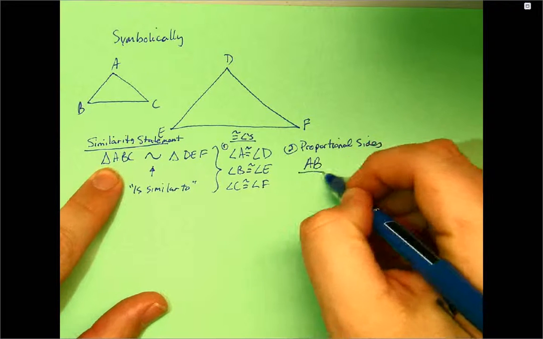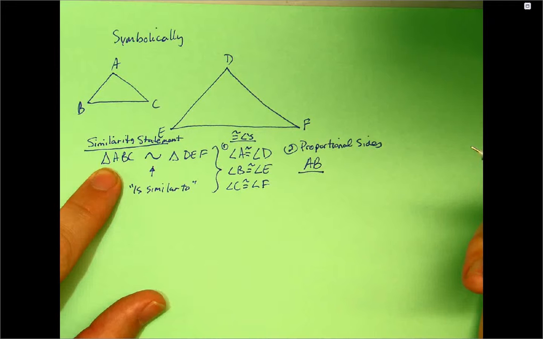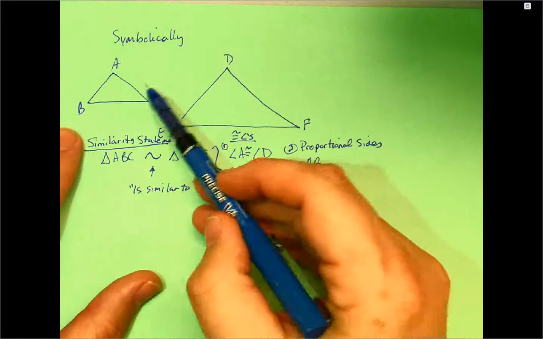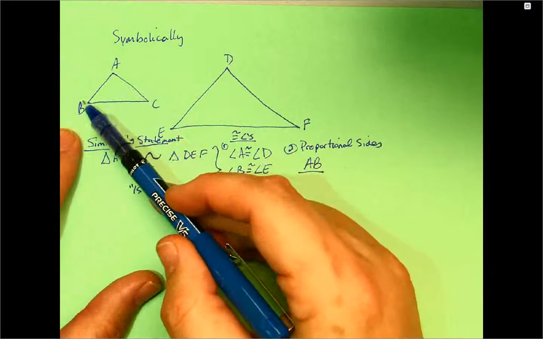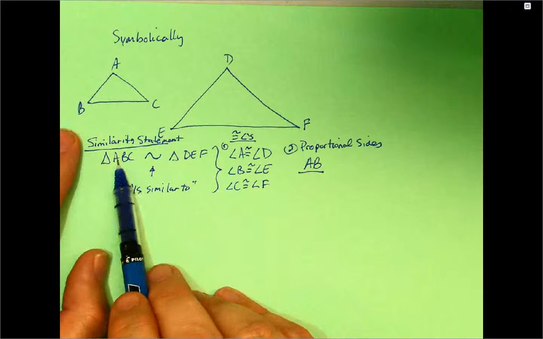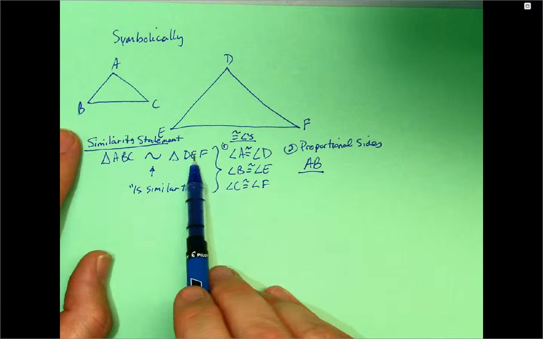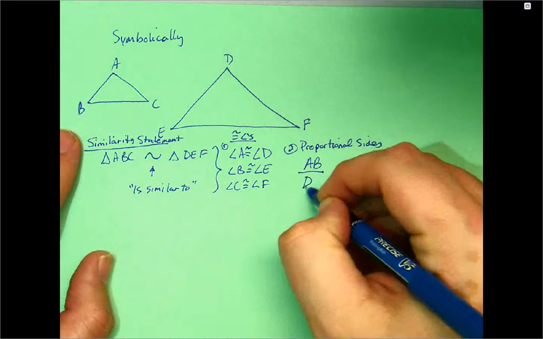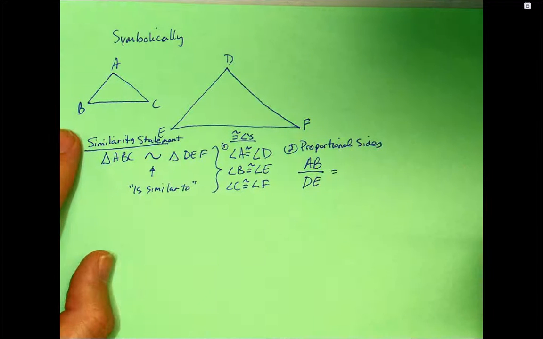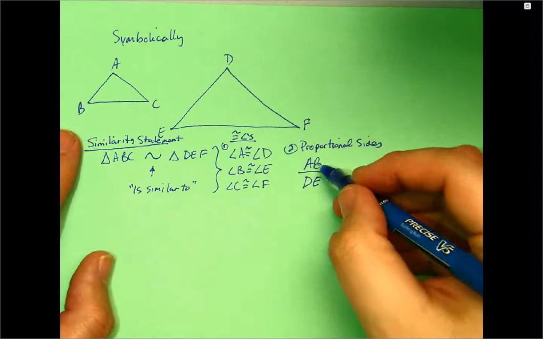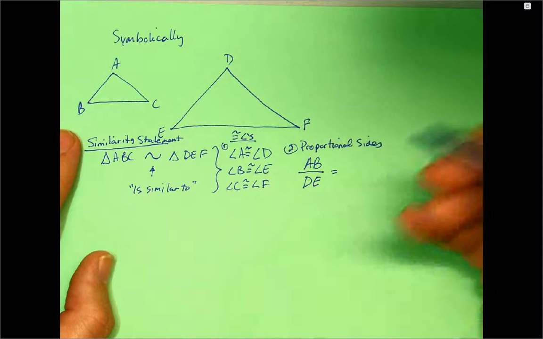What's the corresponding side of AB? If you look at the name, AB are the first two letters, what are the first two letters of the second name? DE. So AB divided by DE. Now, since they're proportional, it should be the same type of scale factor for each one.